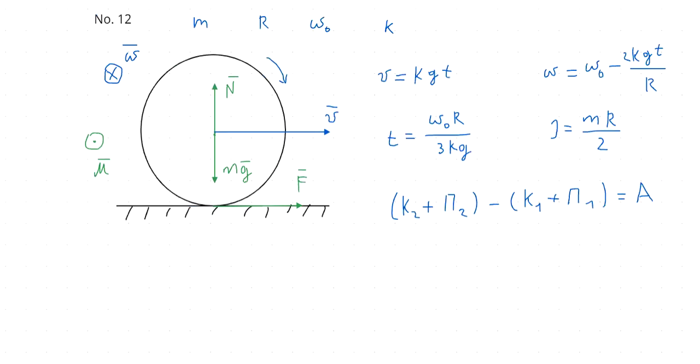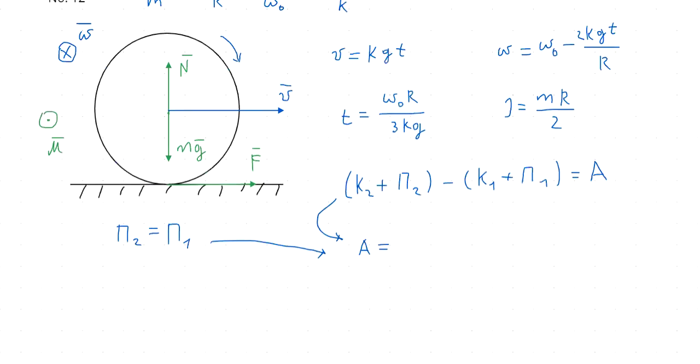Because of this, we can conclude that potential energy at the second and first moments in time is equal. So the work of the force of friction is equal to the difference between kinetic energies in the final and initial positions.